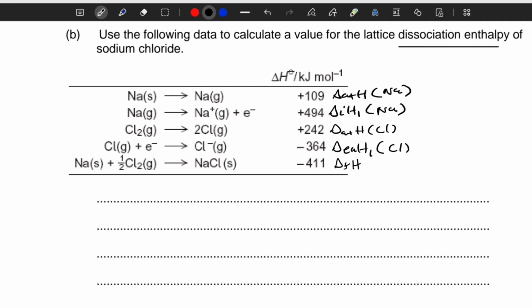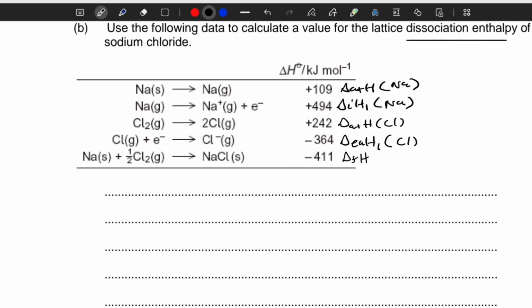It'll be minus the enthalpy of formation. So the lattice dissociation enthalpy would be like this. There would be no F because it's not formation anyway. Same thing though. Okay, and then minus the formation plus everything else.